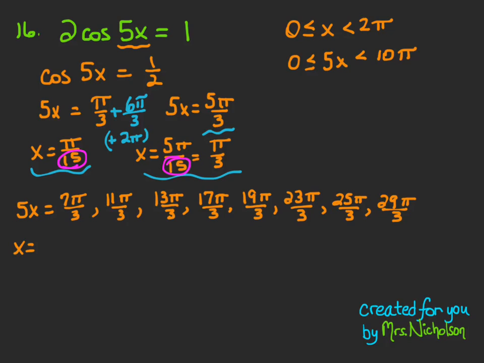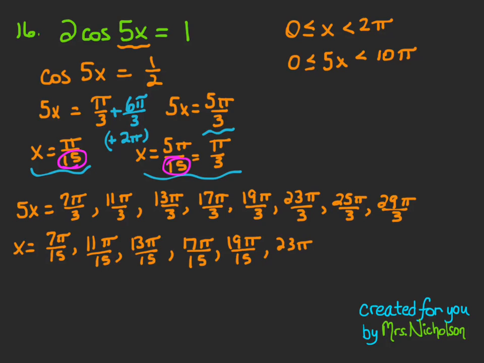If I divide by 5, this becomes 7 pi over 15, 11 pi over 15, 13 pi over 15, 17 pi over 15, 19 pi over 15, 23 pi over 15, 25 pi over 15, and finally 29 pi over 15.